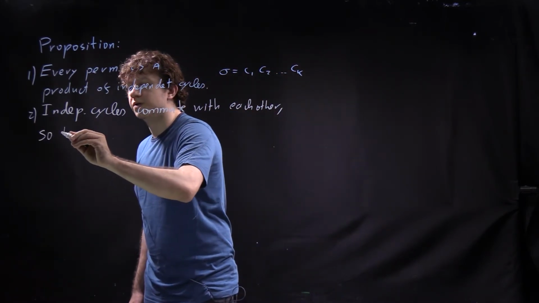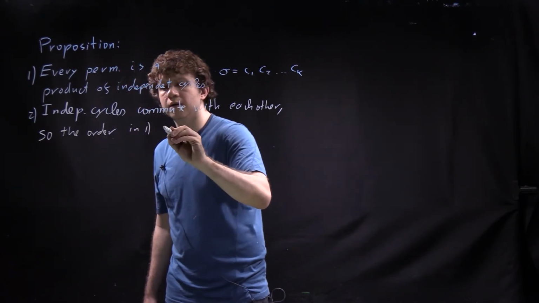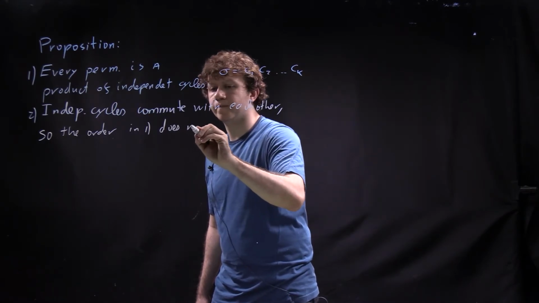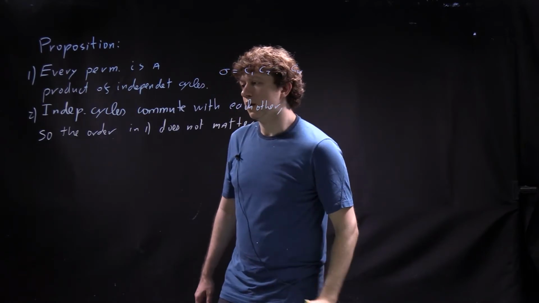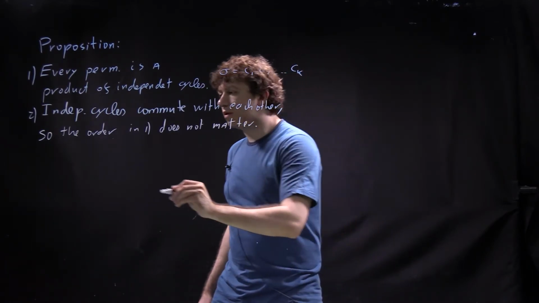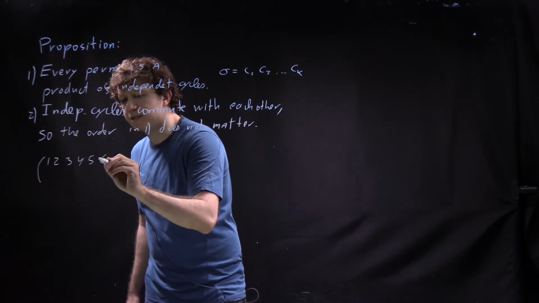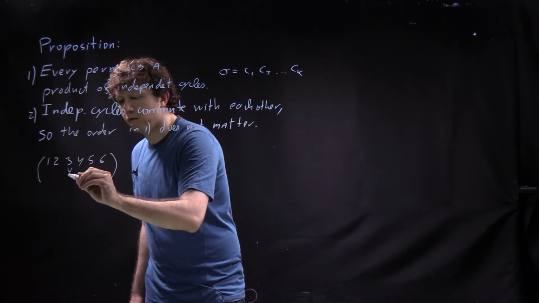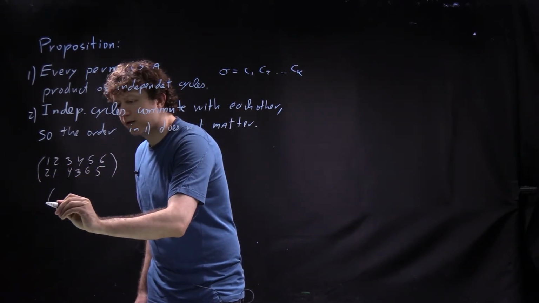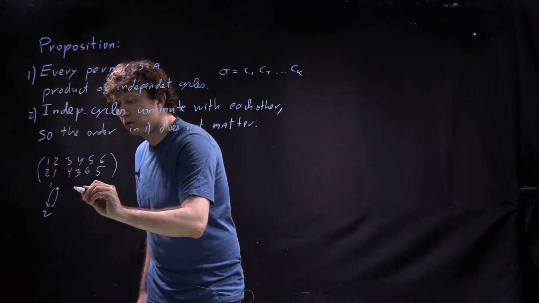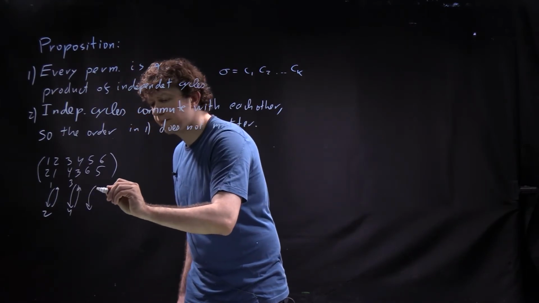So the order in part 1 does not matter. Again, I want to start with an example. If I take, for instance, a permutation 1, 2, 3, 4, 5, 6, 4, 3, 2, 1, 6, 5, that looks like 1, 2, 3, 4, 5, 6.